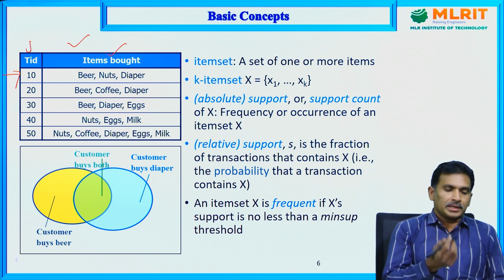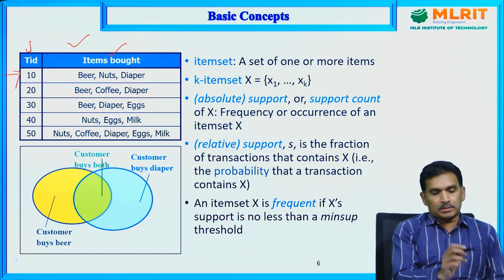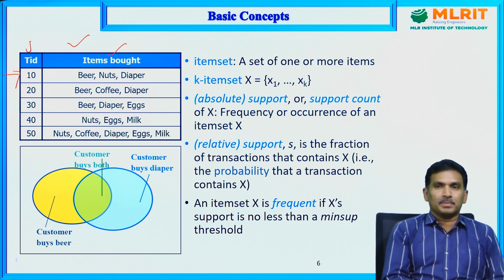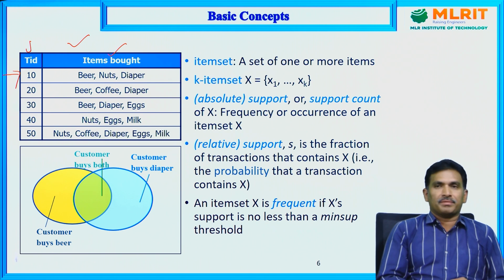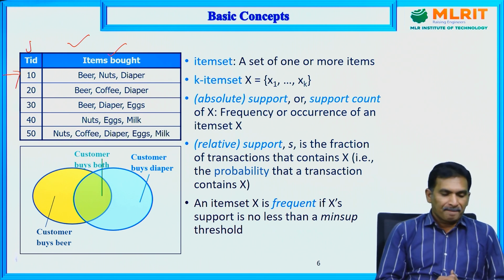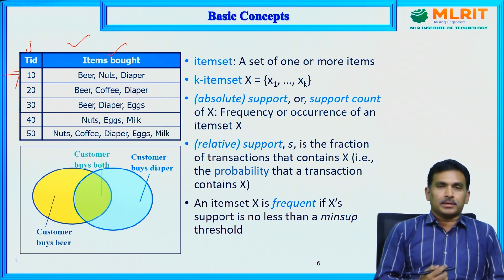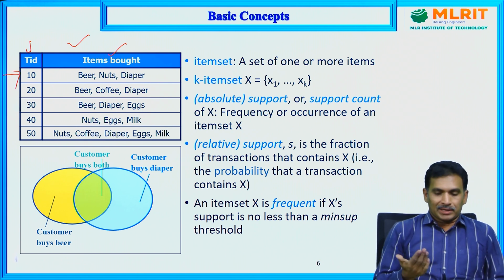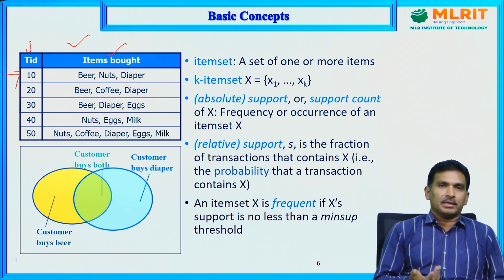The database could be any other also, but this is a shopping, market basket example, because it is one of the typical examples of frequent item set mining. From this we are going to understand basic concepts like what is an item set, what is a k item set, what is absolute support and relative support, and what do we mean by frequent.